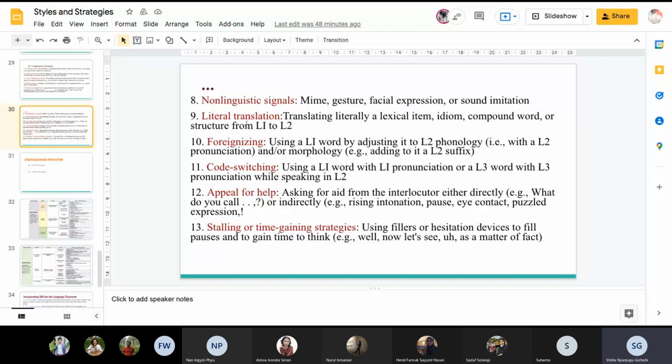The other one is translation. This one most people have done. Foreignizing, yes. This is where you use a word from your L1 and put it into the L2. For example, you don't know what you call a word in the L2, so you pick it from your L1 and put it there, and then you might even add a suffix to it that is in L2.